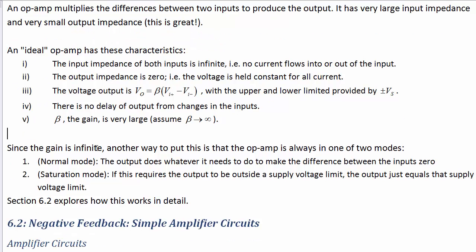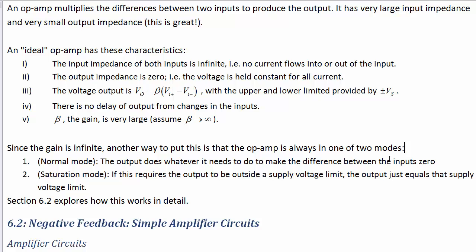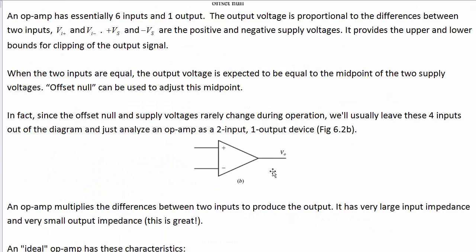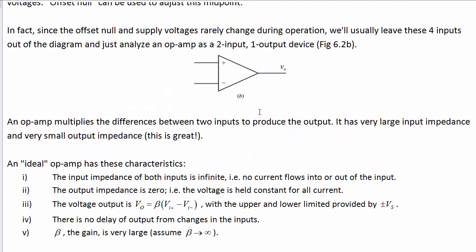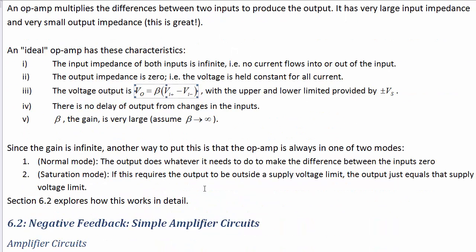Okay, since the gain's infinite, another way to put this is that the op-amp is always in one of two modes. In the normal mode, the output does whatever it needs to make the difference between the inputs 0. Because if the difference between the inputs is not 0, then the output voltage is either positive or negative infinity, because the gain is infinite and the output is equal to the gain times the difference in the input voltages.